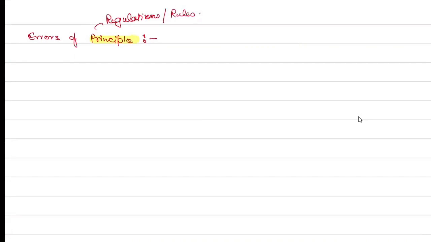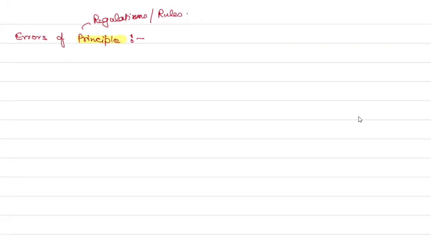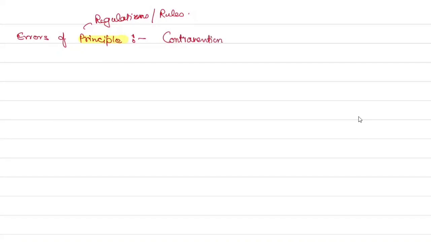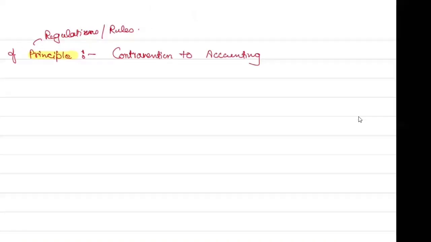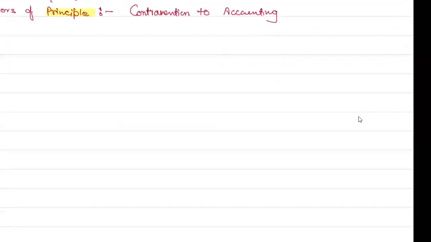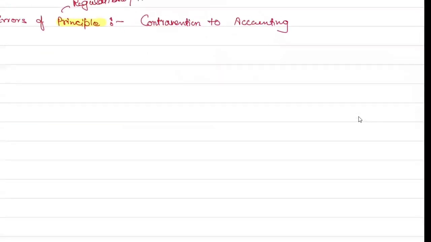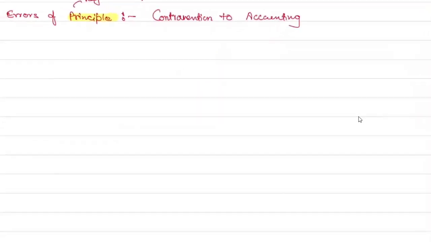That means anything which has been done in contravention to accounting principles.